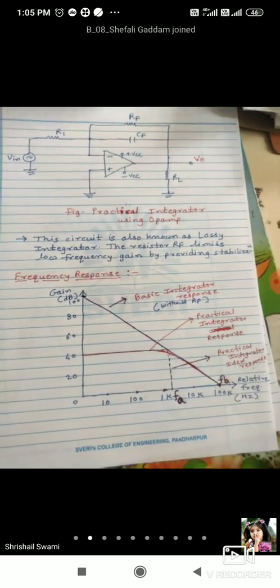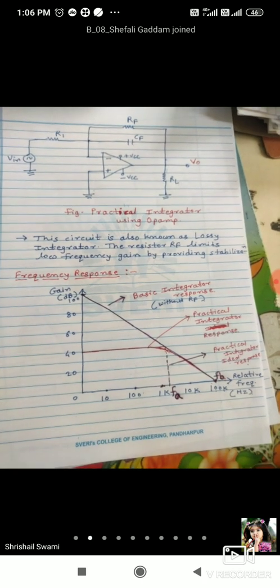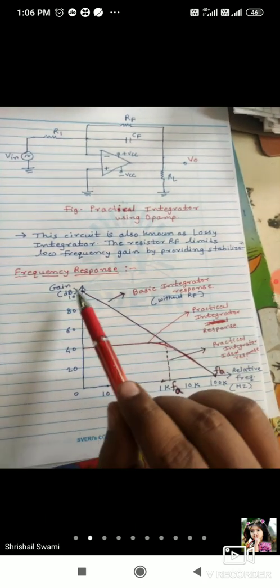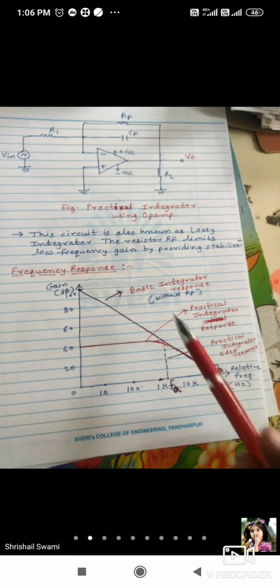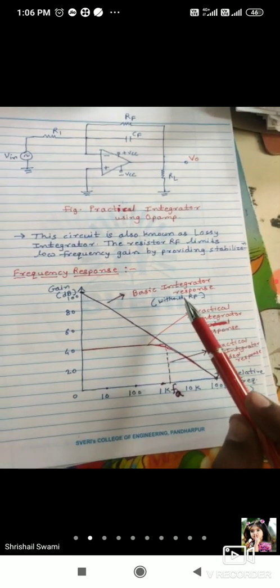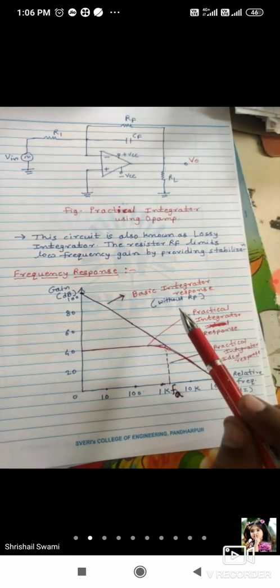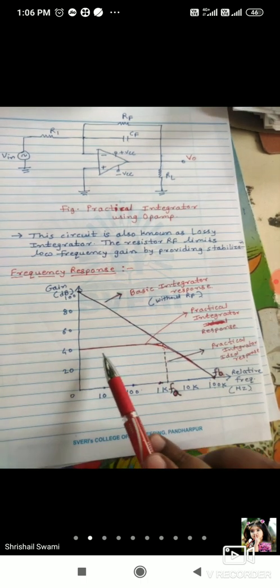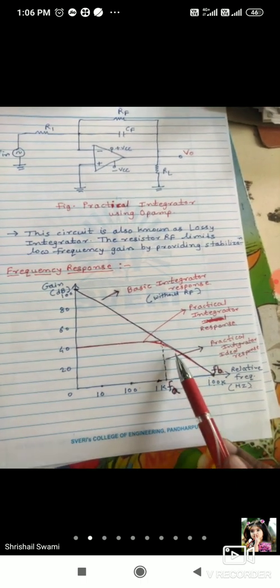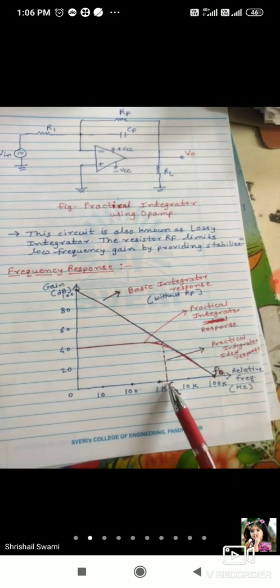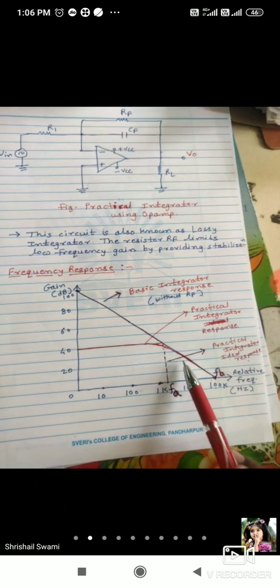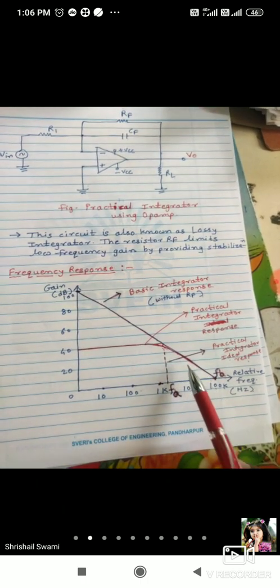In the frequency response, there are three different curves. The straight line shown here is the frequency response of the integrator circuit without RF. Next, this curve shown here is one in which the gain is reducing after FA. The gain is reducing at a constant rate, but not suddenly.